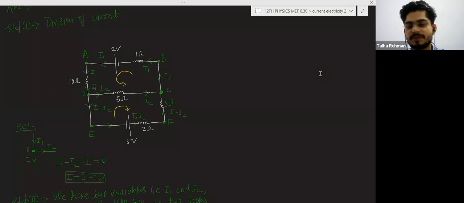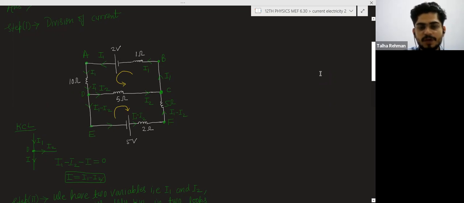Now 85% of the question has been solved already. 80 to 85% of the question is solved when you are able to find the current.